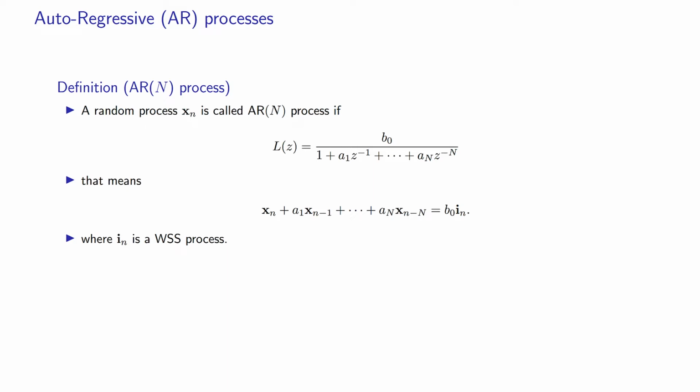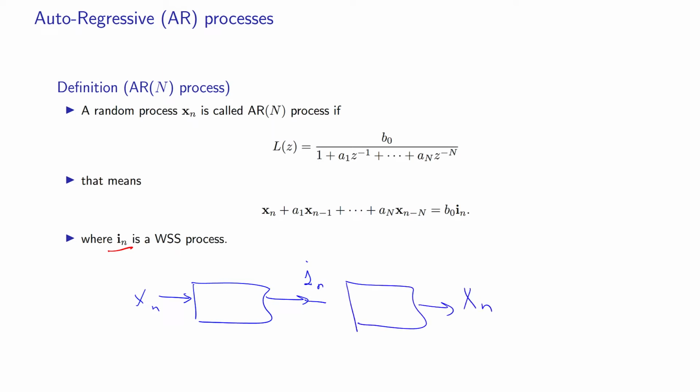So this is a representation, and this I of n is white noise. So what it is, is that X of n can produce I of n, and I of n can produce X of n using this autoregressive filter.